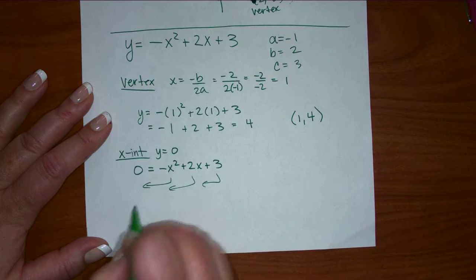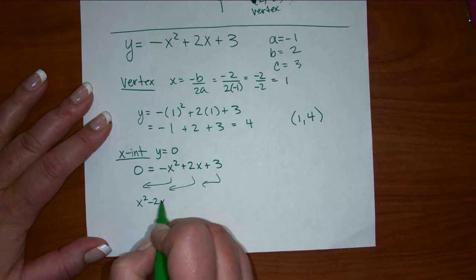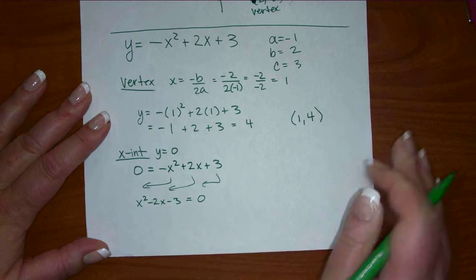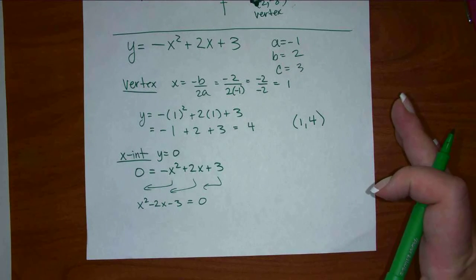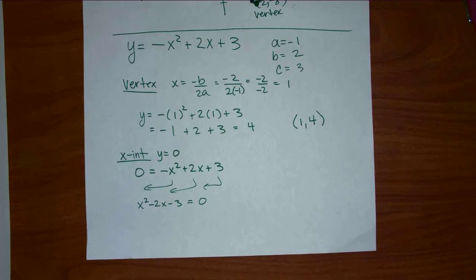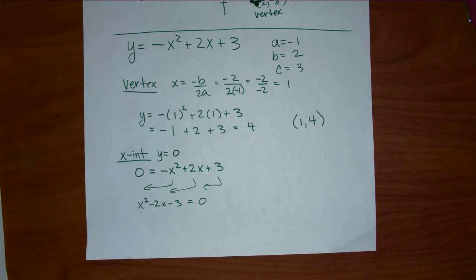So we get x squared minus 2x minus 3 equals 0. Whenever there's a negative in front of that x squared, you make it positive first and then try to factor.